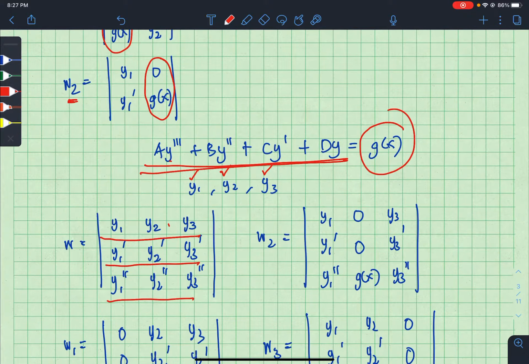So the Wronskian then will be negative 1/2 times e raised to 1/2 minus 1/2, which is 0, and then minus 1/2, e raised to 1/2 minus 1/2, still 0. So e raised to 0 is 1, giving us negative 1. So W is equals to negative 1.